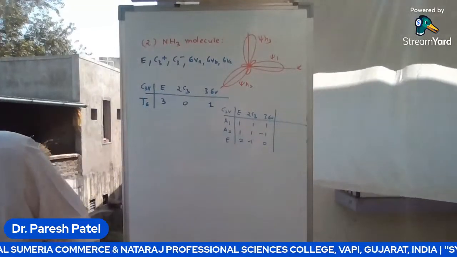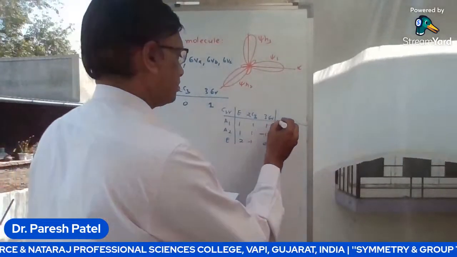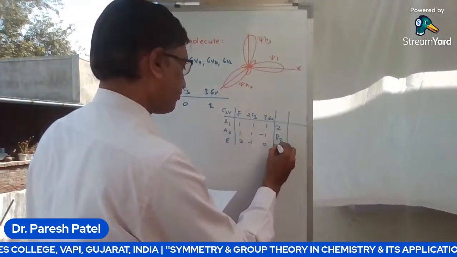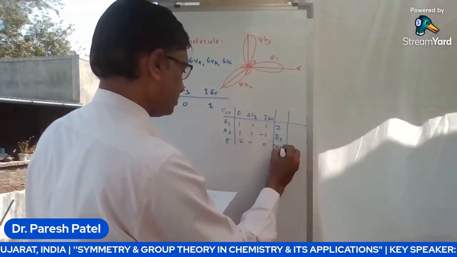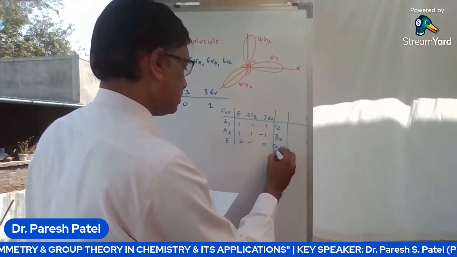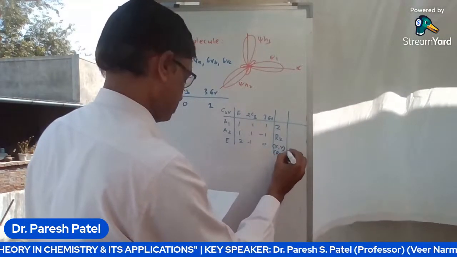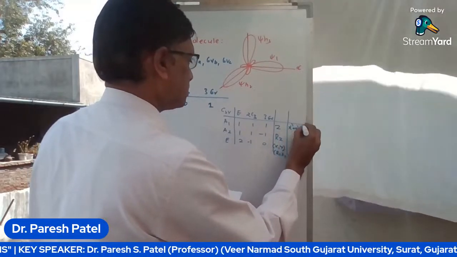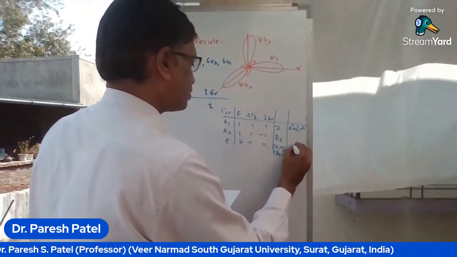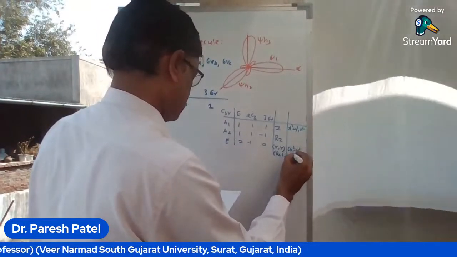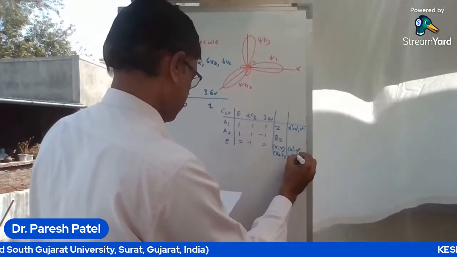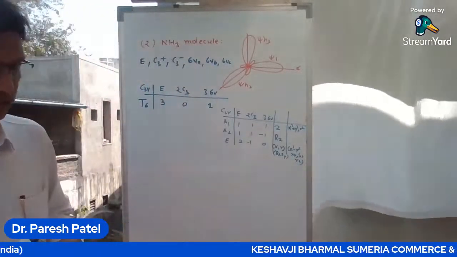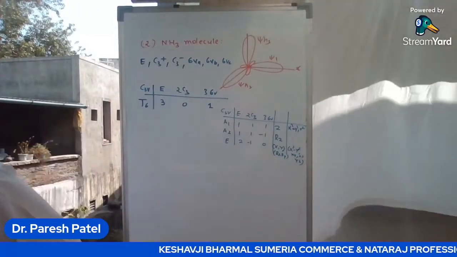Then Z, Rz; x, y; Rx, Ry; x square plus y square, z square; x square minus y square, xy; xz and yz. This is the character table for the C3v point group.